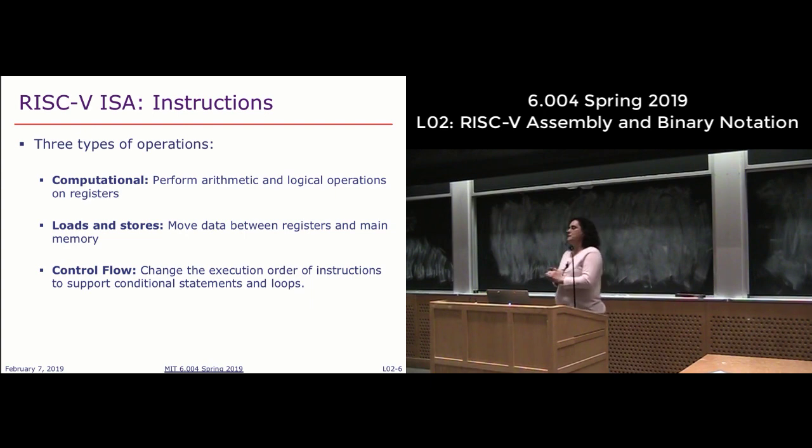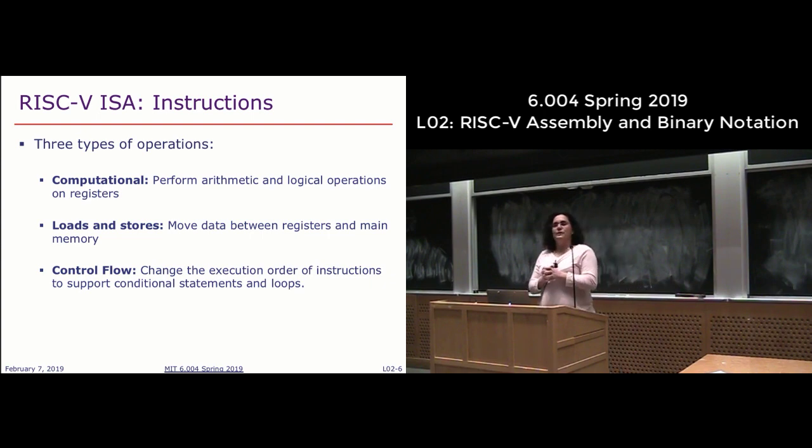Okay, so we've talked about what our storage looks like. Now let's talk about what our instructions look like. We have 3 types of instructions. We have instructions that do computation, which is done by our ALU. We have loads and stores, which bring data back and forth between our main memory and our register file.